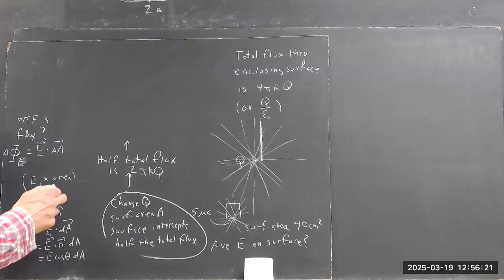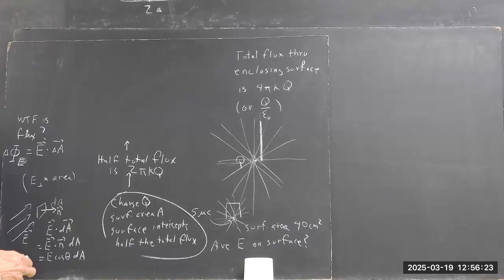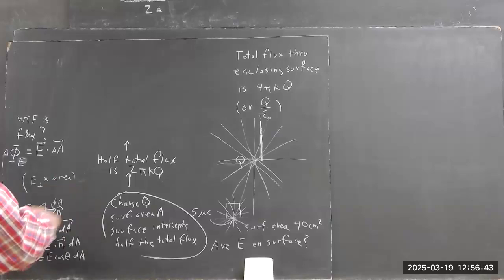Area increment, dA, or delta A, would be the normal vector times the area. Okay, that's what an area increment means. E dot N is just E cosine theta. Theta is the angle between the electric field and the normal vector. In this case, there's a 30-degree angle between here and here.